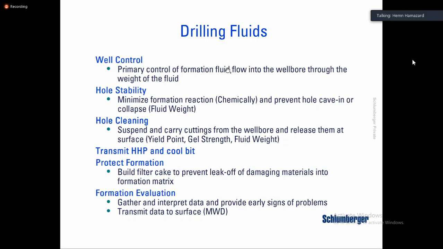Well control means that while you are drilling, especially in the reservoir sections, you have trapped pressure in the formation, what they call pore pressure or formation pressure or pressure gradient, many names. If you drill, just imagine, without having any fluid, any mud, then this pressure starts coming into the hole, and then it is going to start coming up to the surface.